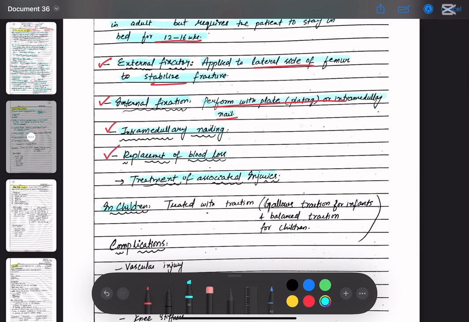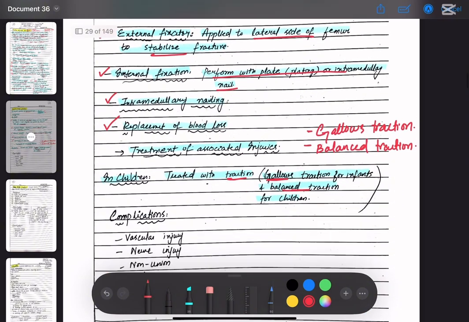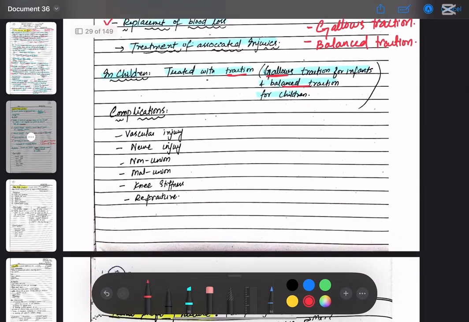In children, it is treated with traction: gallows traction for infants and balance traction for children. Okay, so these are the methods for the treatment of femoral shaft fracture in children.